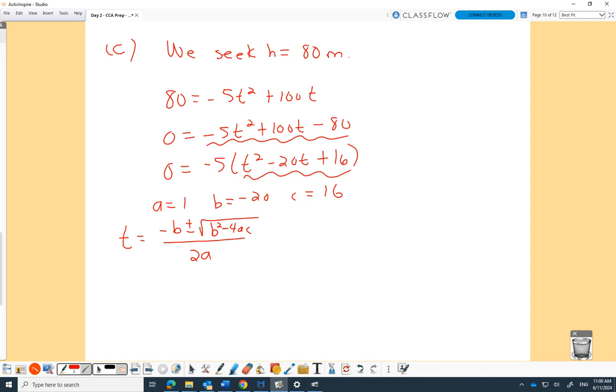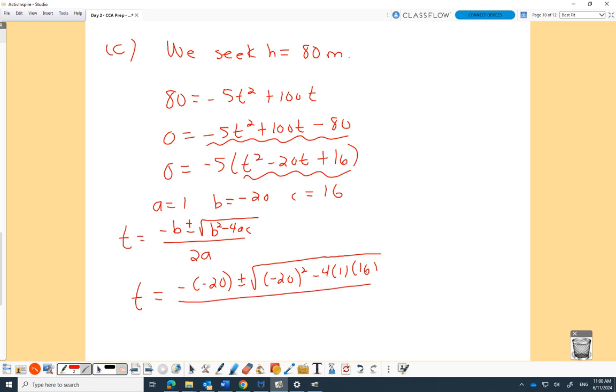t equals -20 plus or minus square root -20 squared minus 4 times 1 times 16 all over 2 times 1. Geez, I did that fast. I better check to make sure I sub those in right. -b plus or minus square root b squared minus 4ac all over 2a.